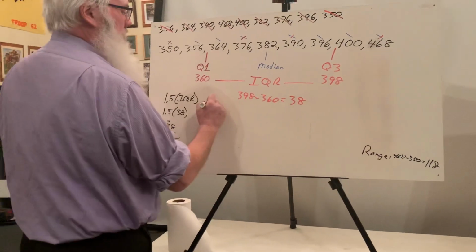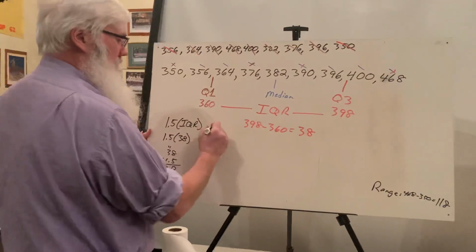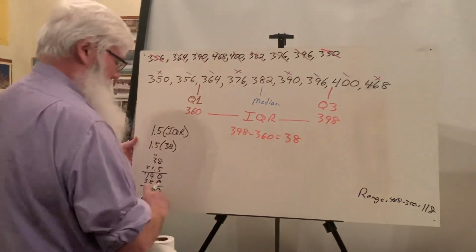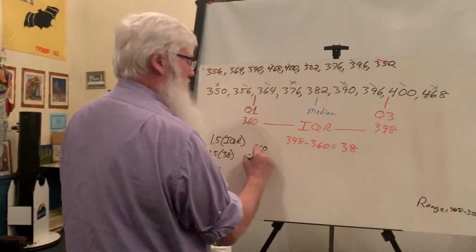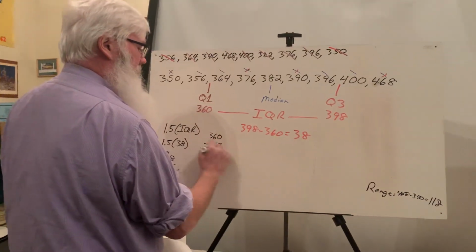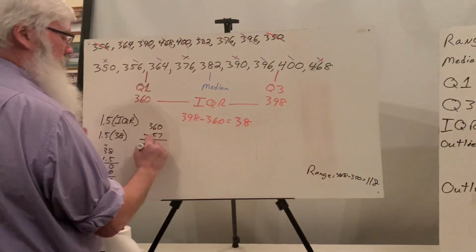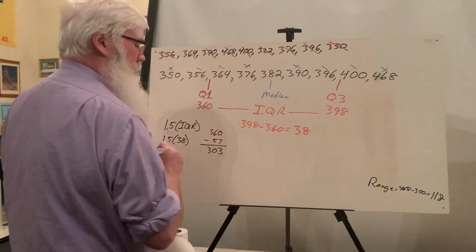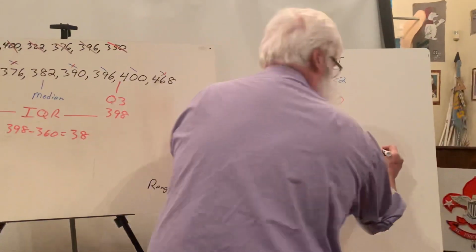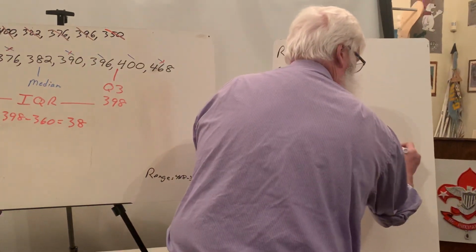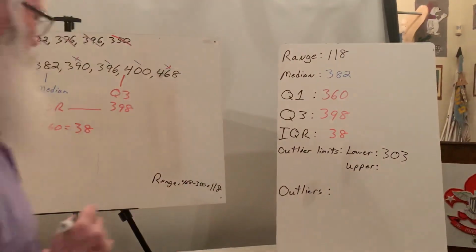So to find our lower limit, we take Q1 minus our 57, so 360 minus 57. We subtract, we get 303. So our lower limit is going to be 303.